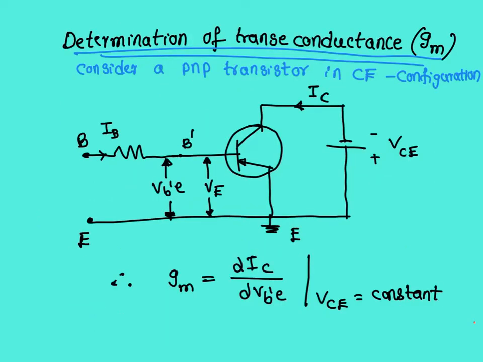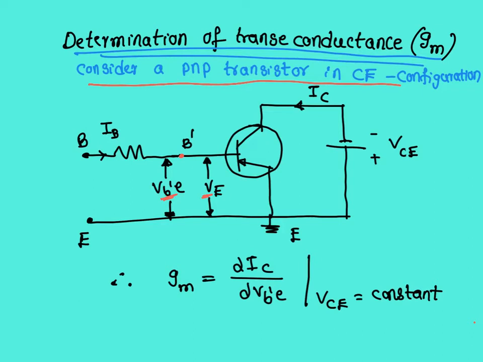Determination of transconductance GM. Consider a PNP transistor in CE configuration, common emitter configuration, and here VB dash E is the base emitter voltage and IE is the emitter current. Both are in parallel, and B dash is the internal node. Here IC is the collector current and VC is the biasing voltage.